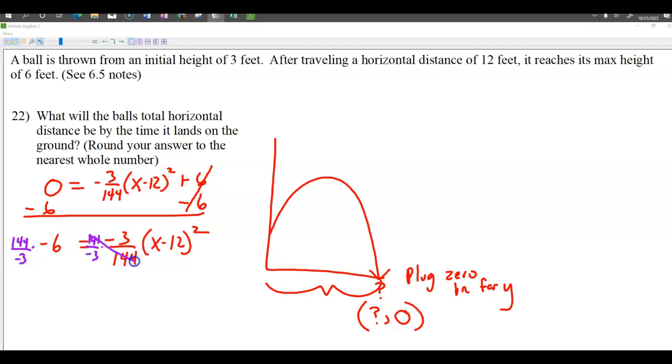On this side, they cancel out, so that's nice. That's what we're going for. It's just going to be x minus 12 squared. On this side over here, I would say just get your calculator out and do it. So we're going to do the two top numbers multiplied together first. 144 times negative 6, and that's negative 864.